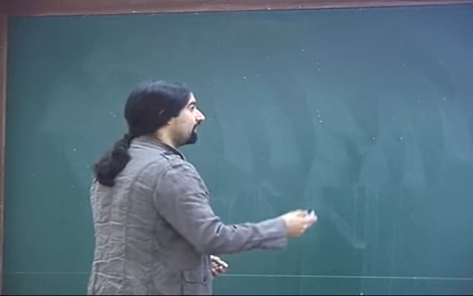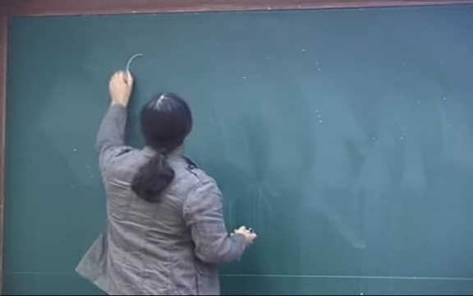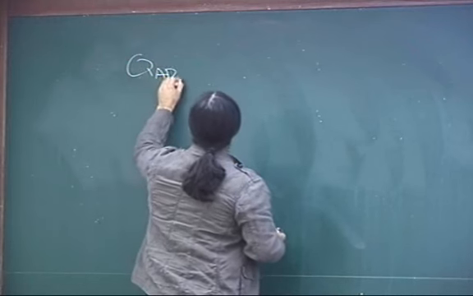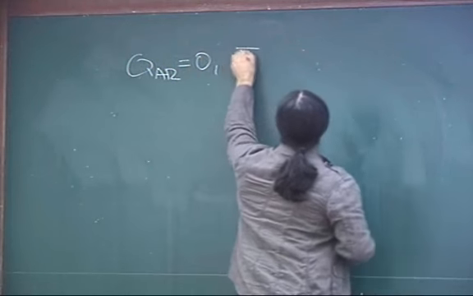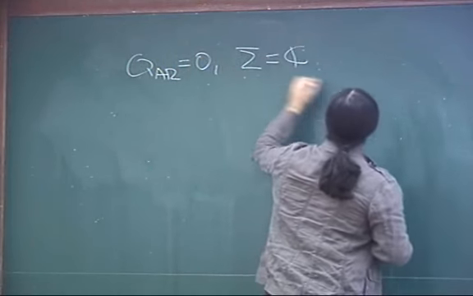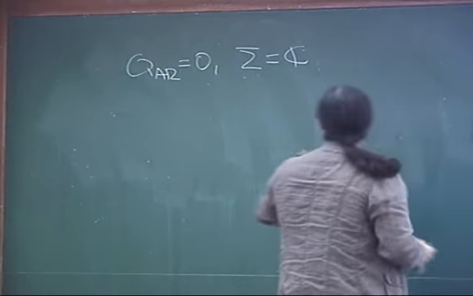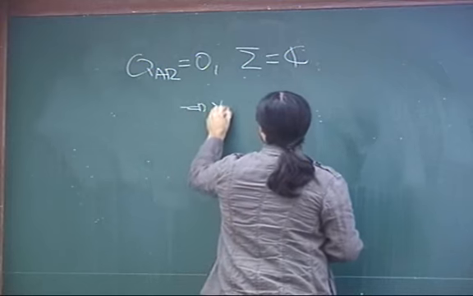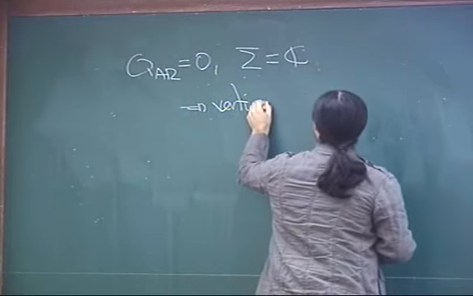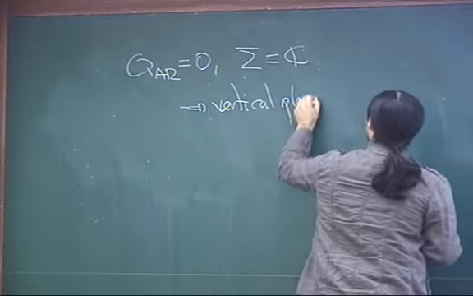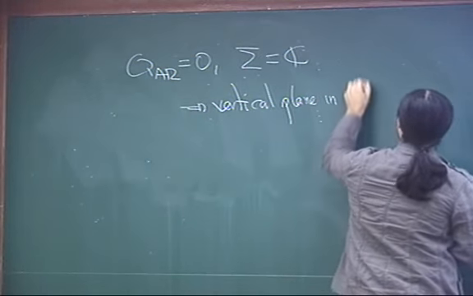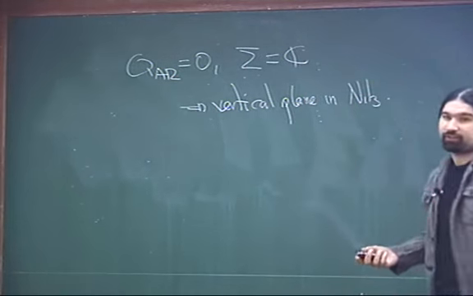Okay, so the case where the average Rosenberg differential equals 0 and sigma equals c, which is the case we are excluding in this theorem, is because it is a vertical plane. So it's not a graph.